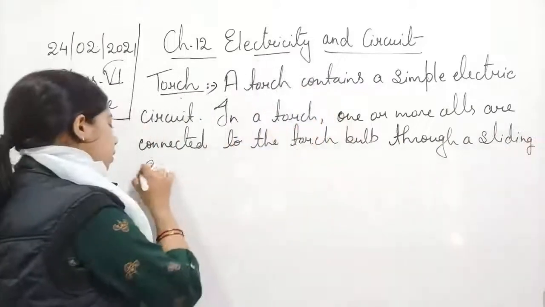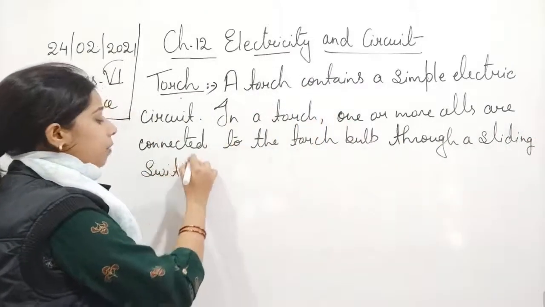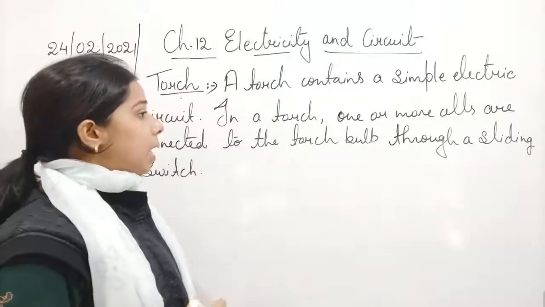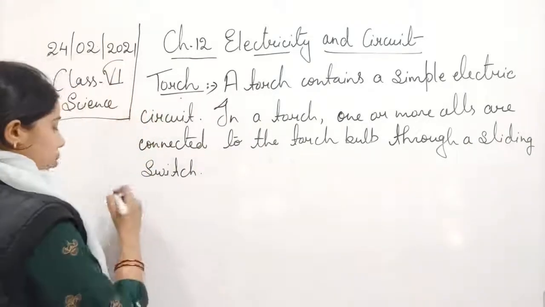So you have seen here, students, the switch present in the torch is a kind of sliding switch.